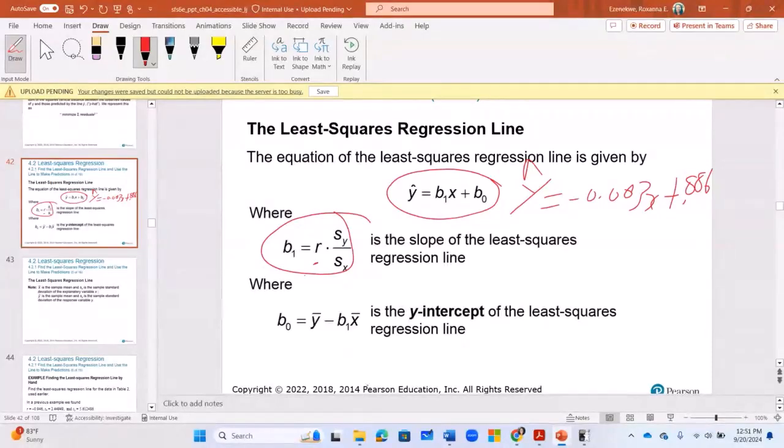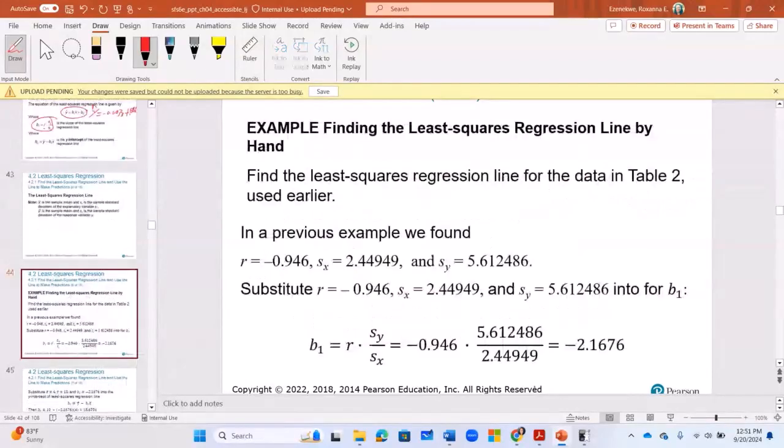But guess what? I don't really think you need to do that. If you have a calculator and you're told to find the y-intercept, use the calculator. This is the least square formula, and you plug in.